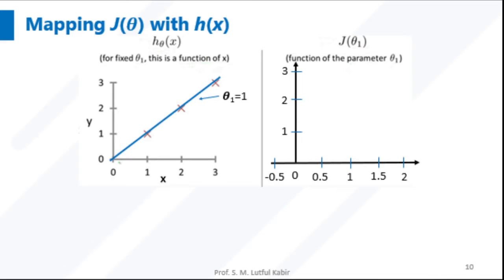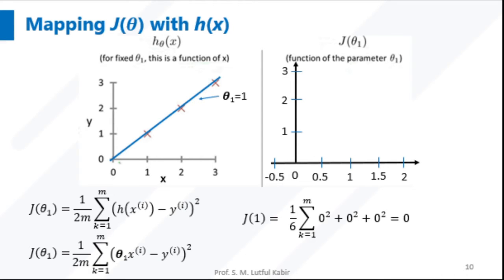As usual, my cost function is defined as follows. In every case, h of x and y are the same, so the difference between h of x and y is always 0. That is why I find that J of 1 is equal to 0, and the green colored dot represents that value of J of theta 1 when theta 1 is equal to 1.